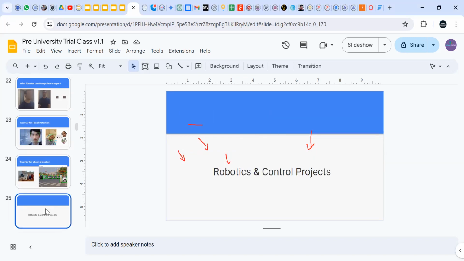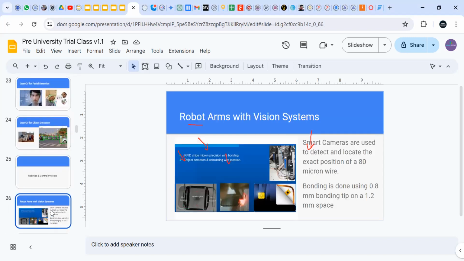Now let's have a look at a project. That is a project that I personally worked on, because before I was a teacher, I was also doing engineering projects. So now listen to this. One of the things I have personally done with robot arms is using a vision system with robot arms.